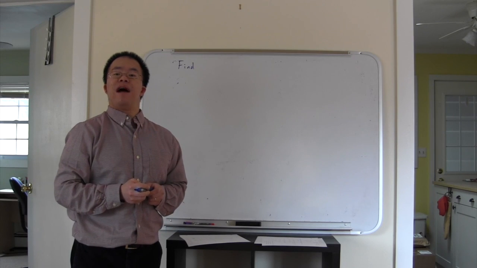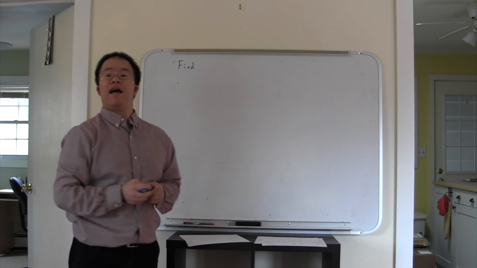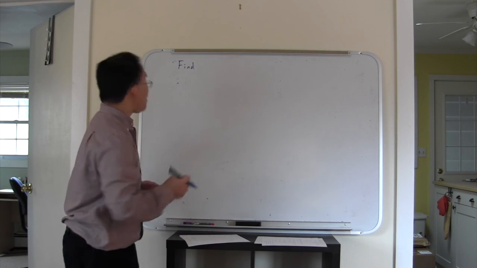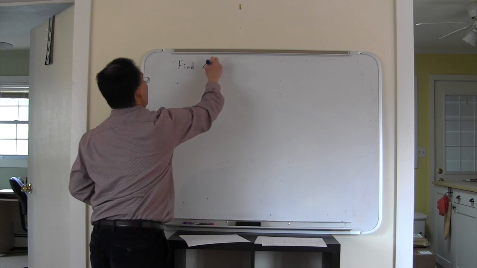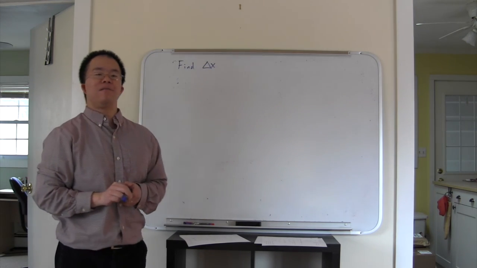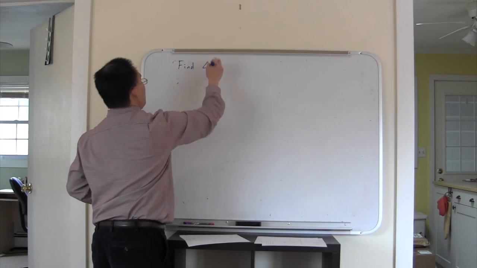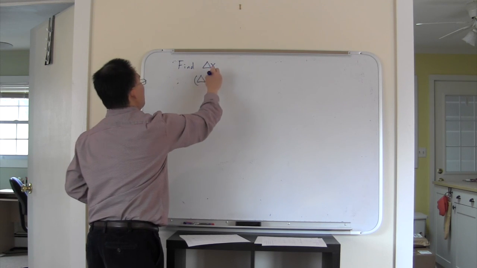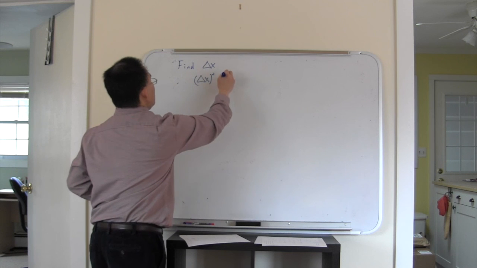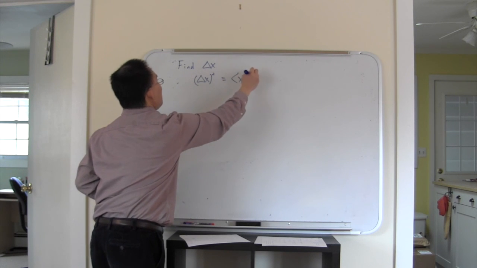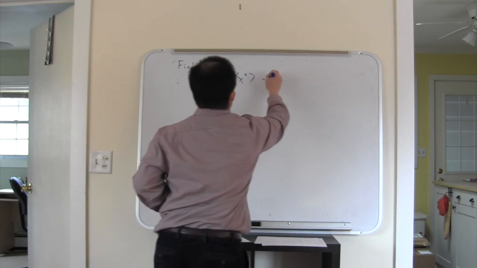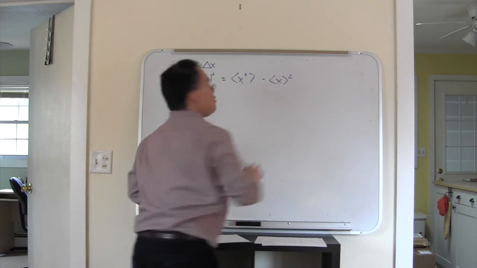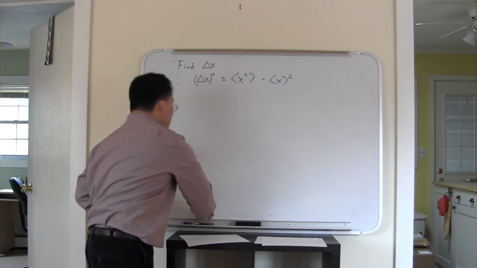Finally, we're asked to find the uncertainty in x, delta x. Here we can make use of the theorem, right, that the variance, or the uncertainty in x squared, is equal to the expectation value of x squared minus the expectation value of x quantity squared.